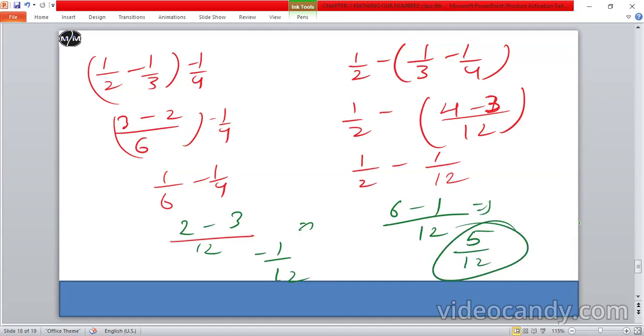These are not same. It means in the subtraction, associative property for rational numbers is not applicable.